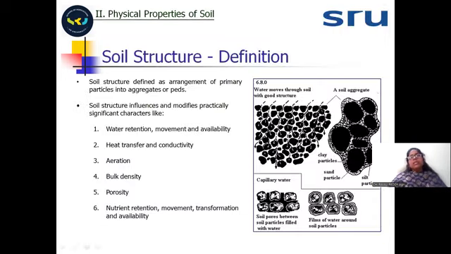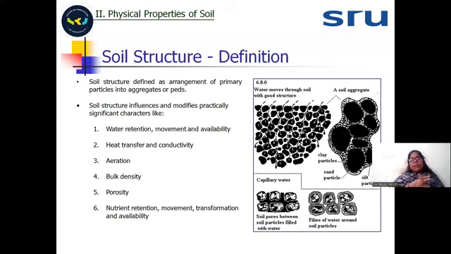So here this slide shows the definition of soil structure. That means arrangement of primary constituents into aggregates is known as soil structure. Soil structure is a very important physical property which changes with physical manipulation of soil. It influences many other physical properties like water retention, movement, and availability.